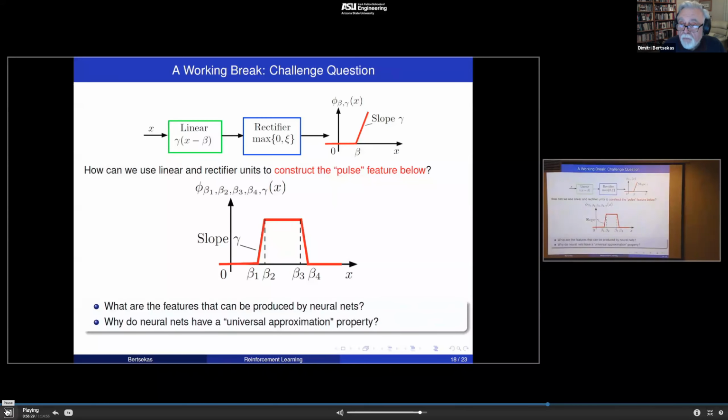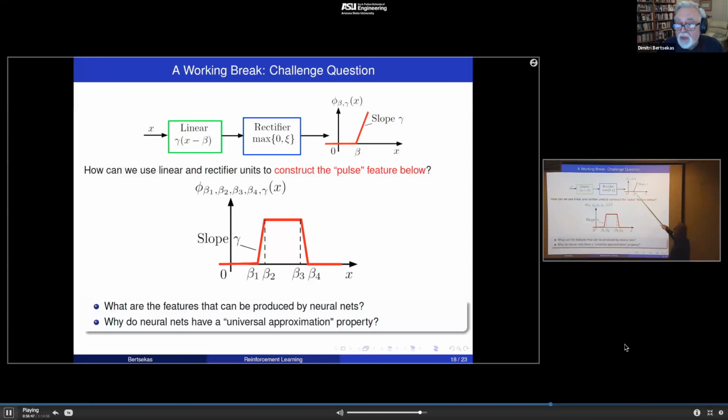Somebody wants to go first? Okay, go ahead. So you could start with one that starts at beta 1 and has slope gamma.